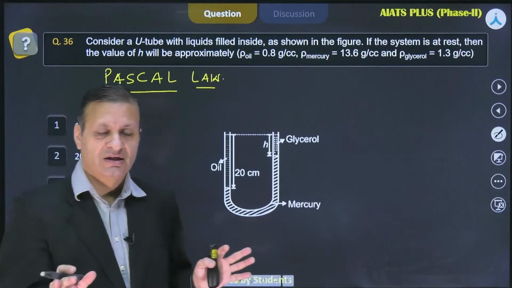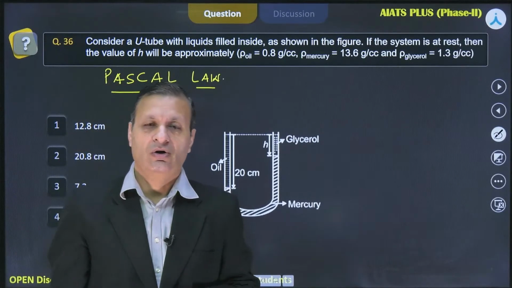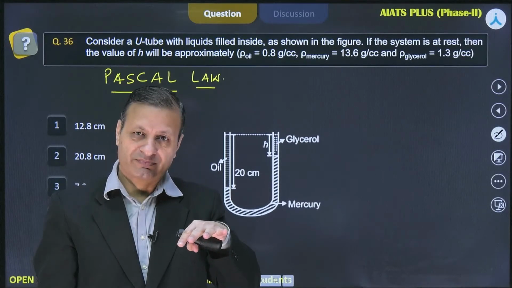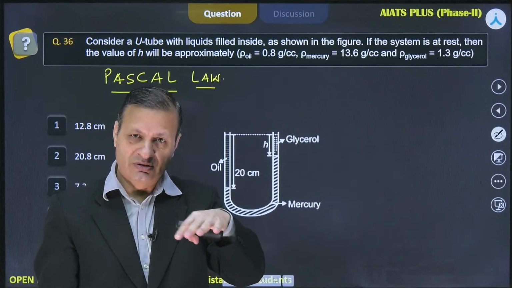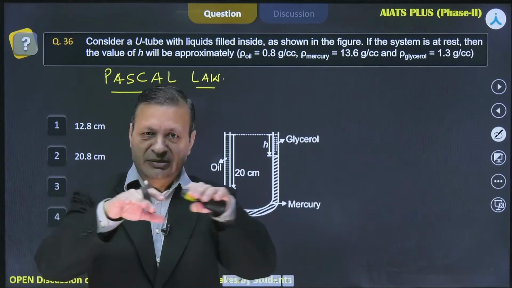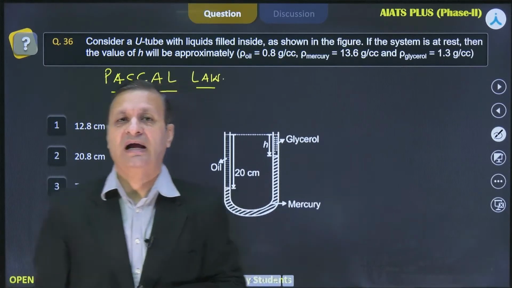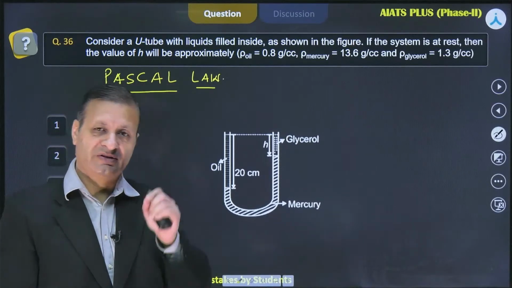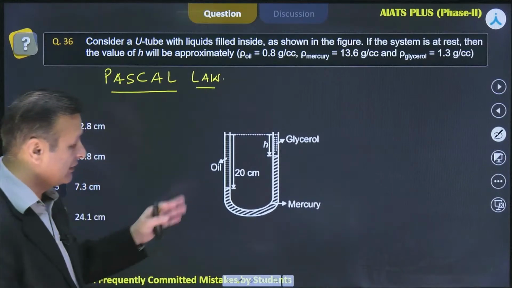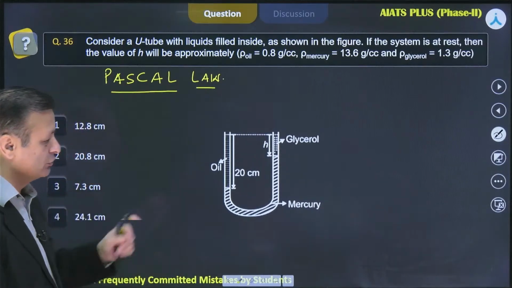It says if you have a liquid, all the points within that liquid which are at the same horizontal surface, in the same horizontal plane, they will have the same pressure. This is the important statement of your Pascal law. So that law will be applied directly to this numerical.